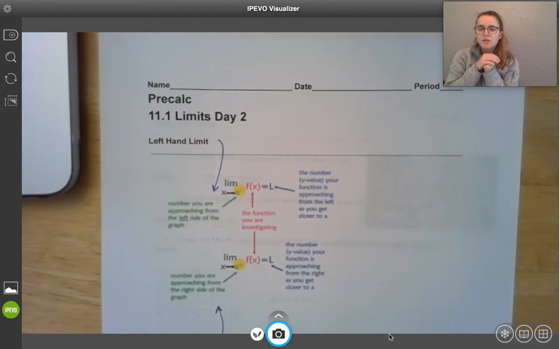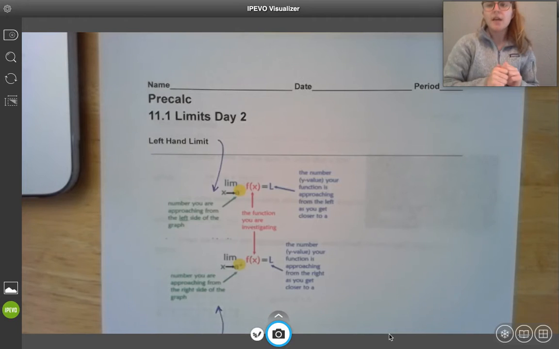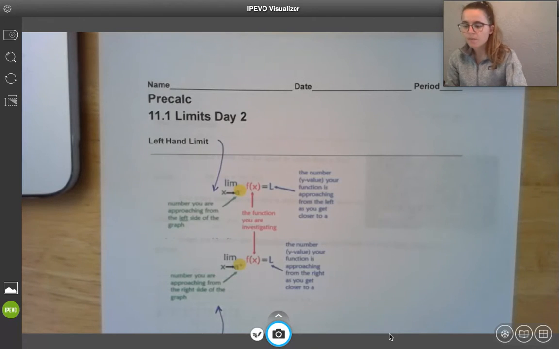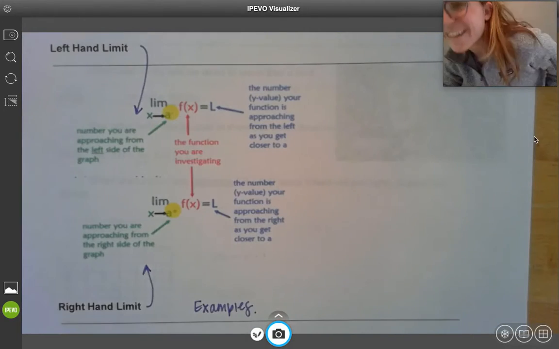So in order to prove that, we're going to have to talk about one-sided limits. And really with one-sided limits, we'll have a little bit more of an opportunity to have those limits exist as well.